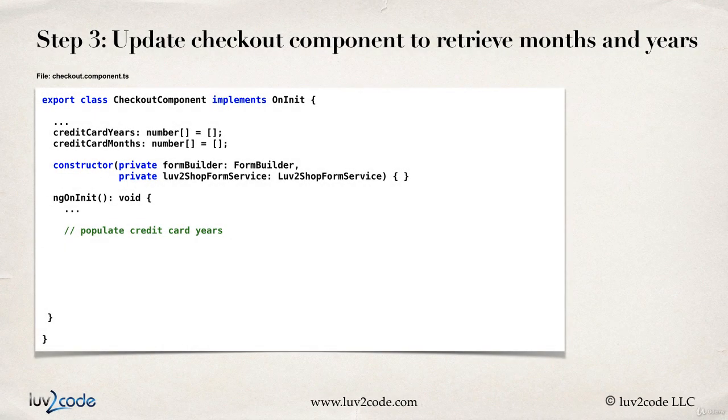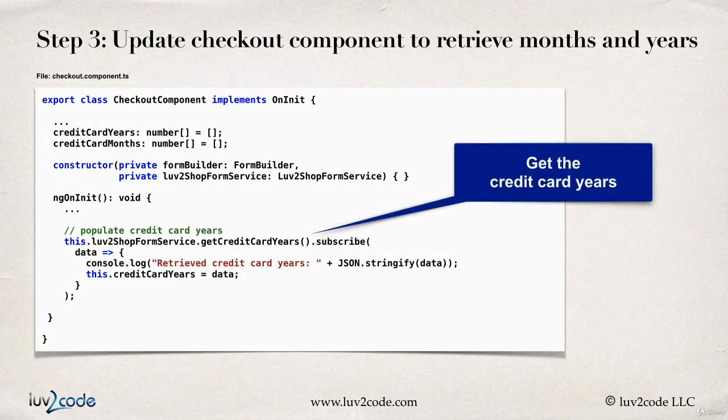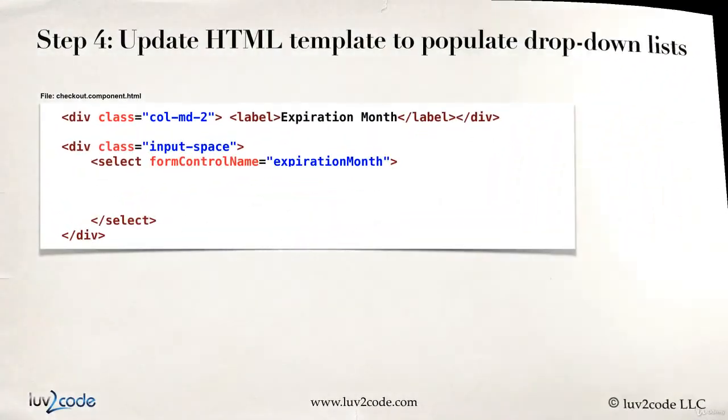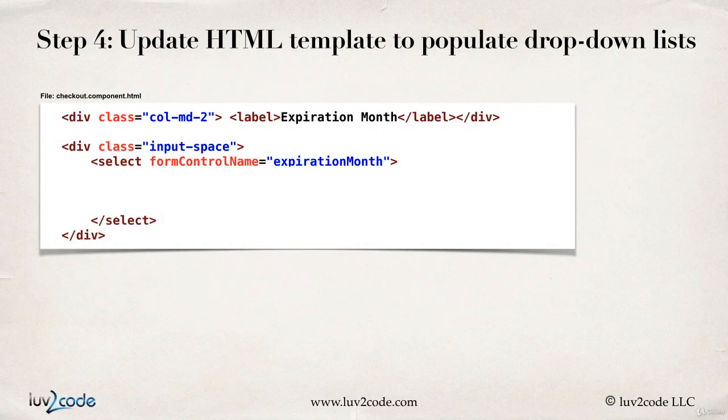Here we do a similar thing for getting the credit card years. We call luv2shopFormService.getCreditCardYears, do a .subscribe. Once that data is returned, we simply log it and then assign it: this.creditCardYears equals data. And then finally here with step four, we're going to update the HTML template to populate the drop-down list.